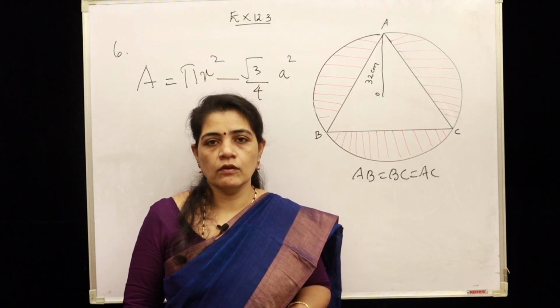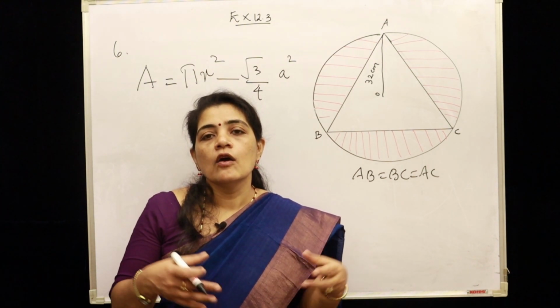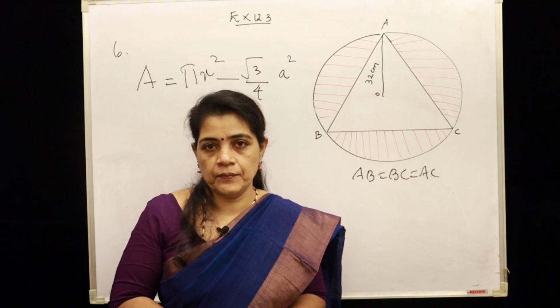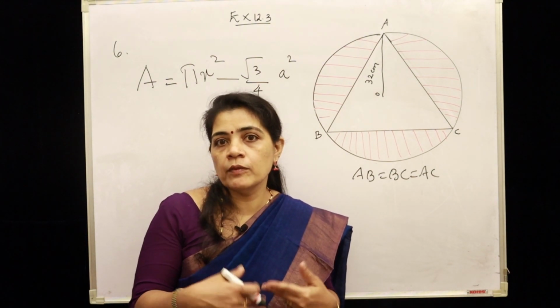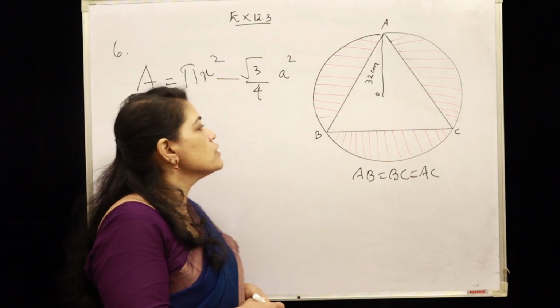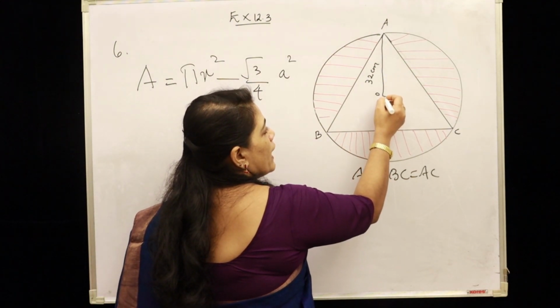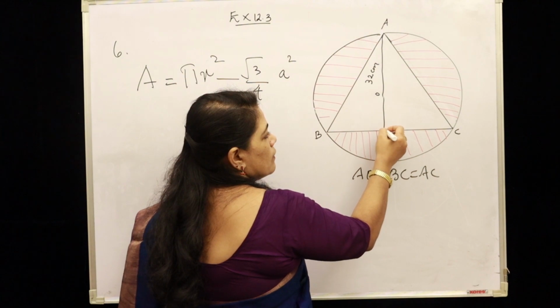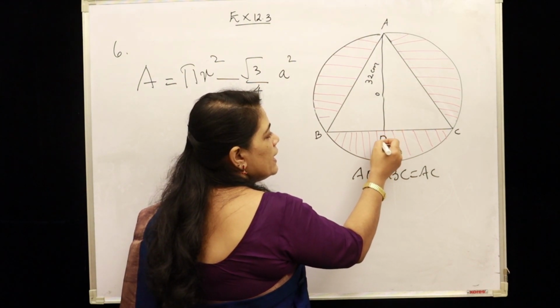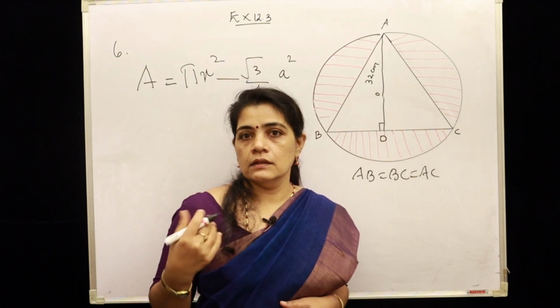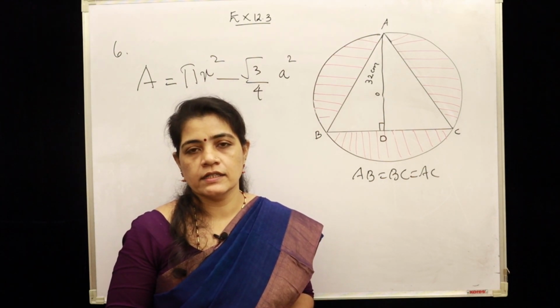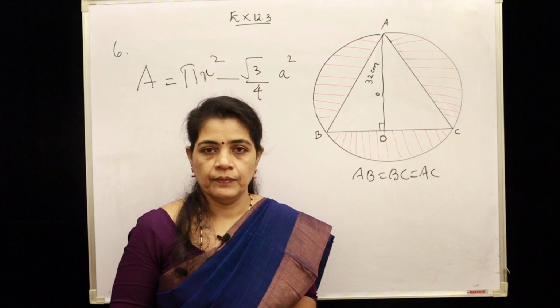For an equilateral triangle, both are the same, so it is 90-degree perpendicular and also the midpoint. Let it be AD. AD is the median as well as the altitude of this equilateral triangle ABC.